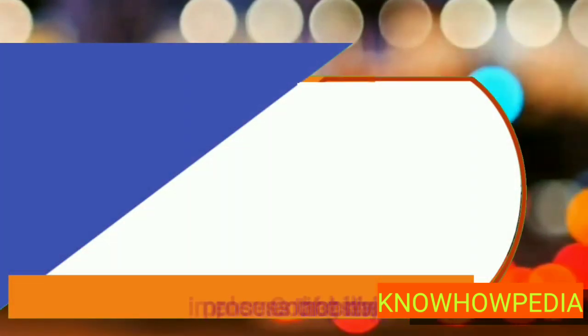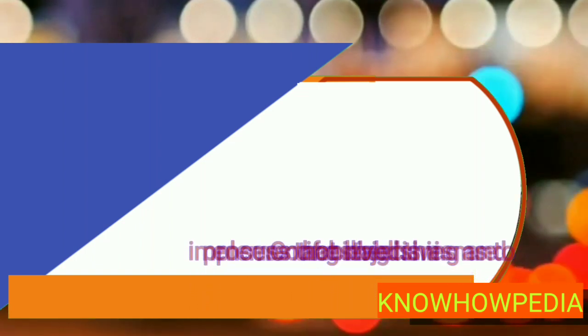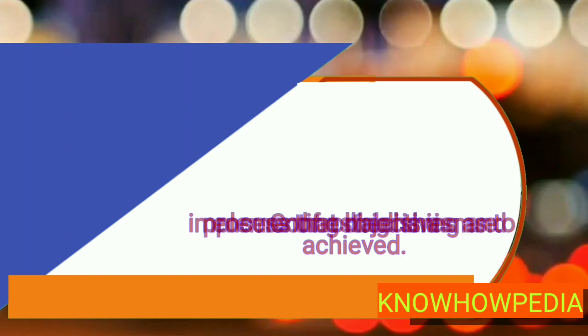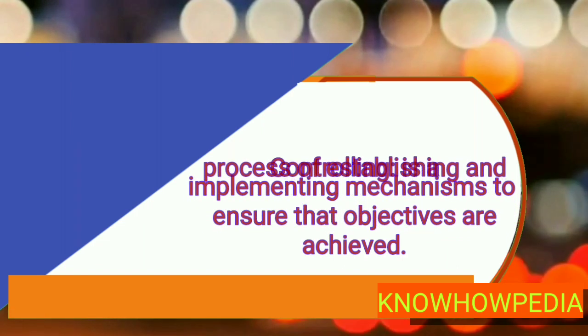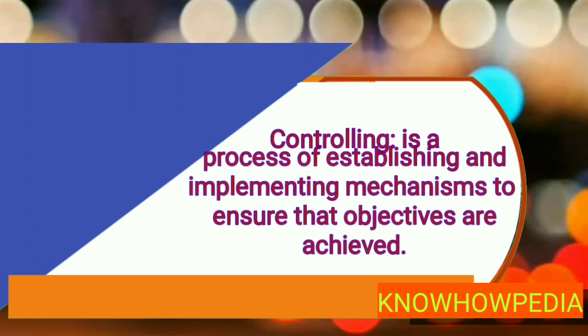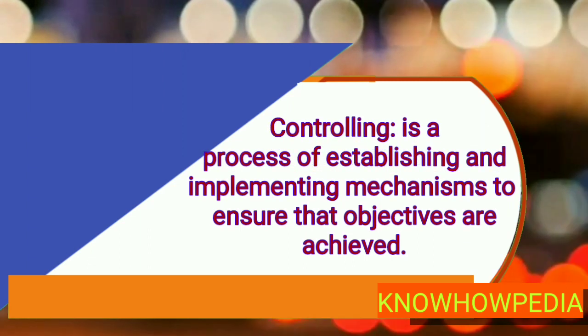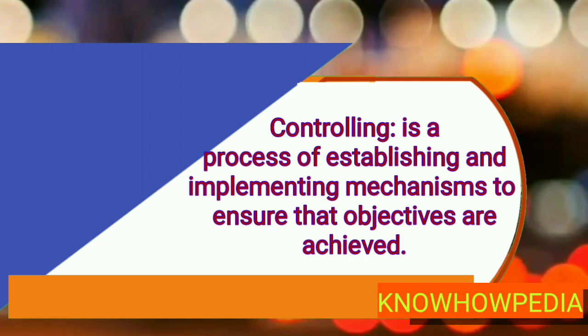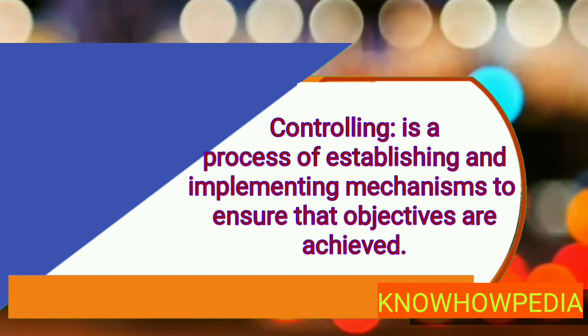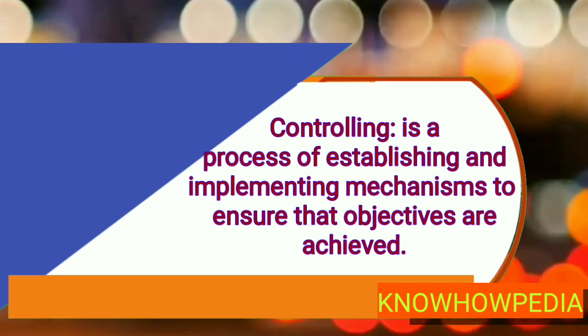So first of all, let us discuss the definition of control or controlling. Controlling is a process of establishing and implementing mechanisms to ensure that the objectives are achieved. In simple terminology, controlling is using systematic methods, approaches and techniques in order to make sure that the objectives which are set are accomplished, achieved and met.